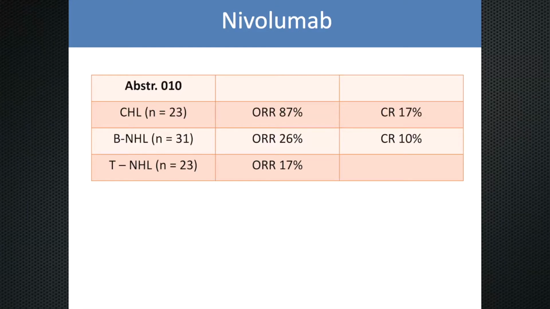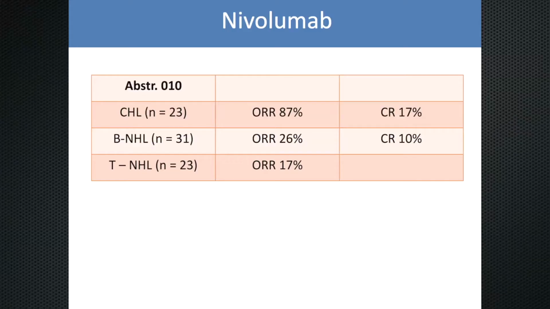At the last Lugano meeting, in the plenary session, we had a summary of the activity of nivolumab in malignant lymphomas. And as you can see here, while the results for the classic variant of the Hodgkin lymphoma are spectacular, for the time being, response rate in B non-Hodgkin lymphomas as in T non-Hodgkin lymphomas is somewhat disappointing.